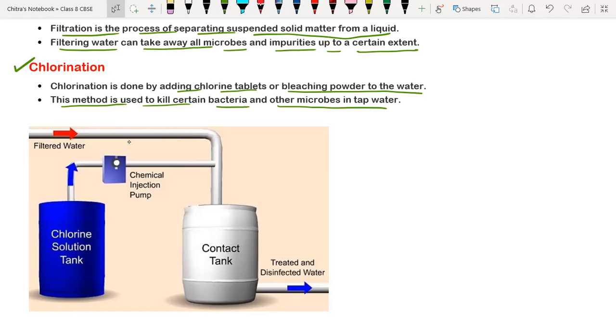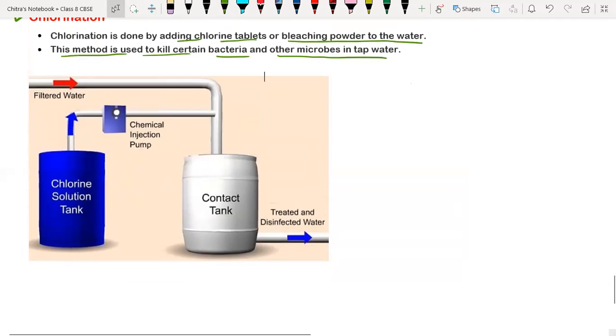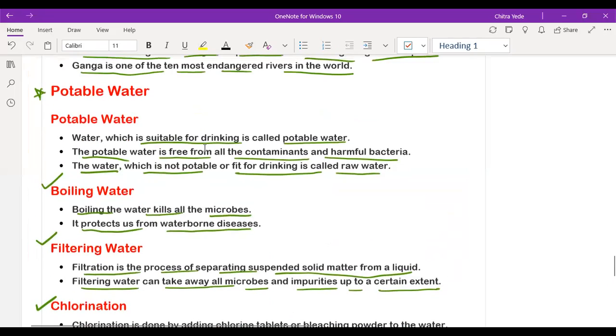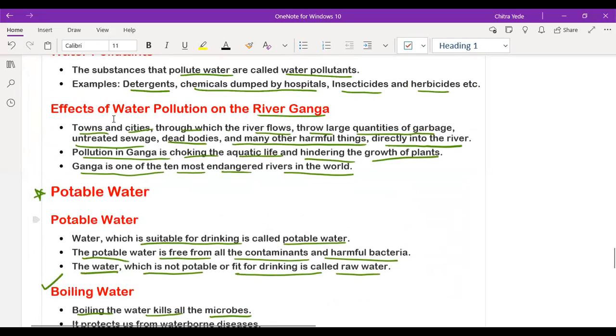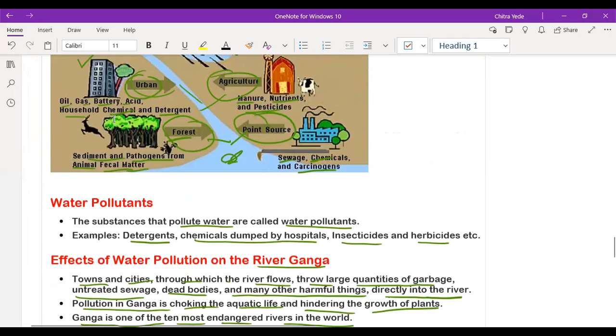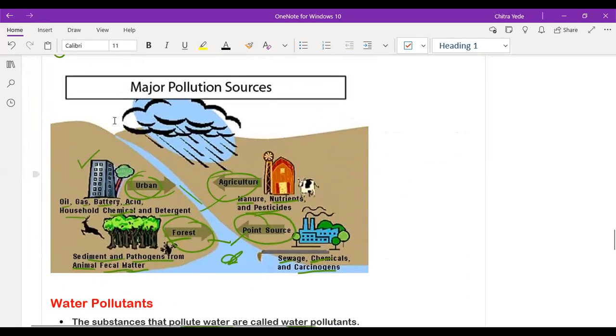It is done by the chlorination method only. Everyone understood chlorination? Yes, sir.